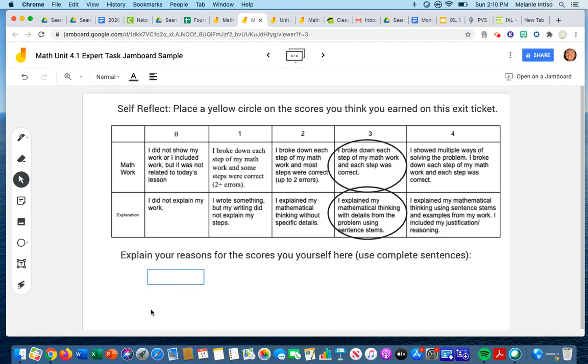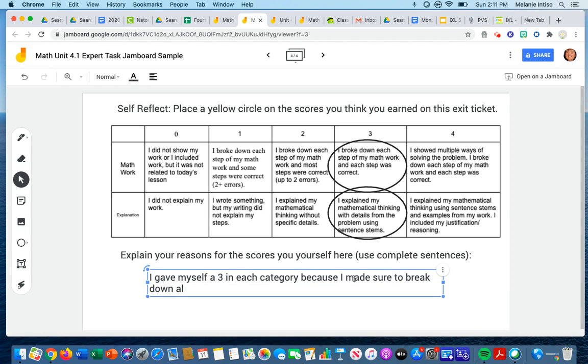So I gave myself a 3 in each category because I made sure to break down all of my steps and my answer was correct.